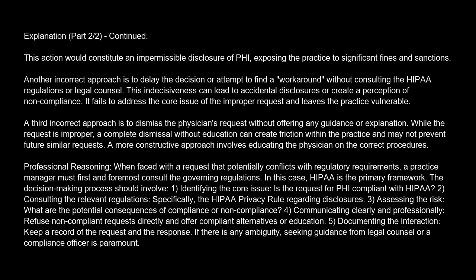This action would constitute an impermissible disclosure of PHI, exposing the practice to significant fines and sanctions. Another incorrect approach is to delay the decision or attempt to find a workaround without consulting the HIPAA regulations or legal counsel. This indecisiveness can lead to accidental disclosures or create a perception of noncompliance. It fails to address the core issue of the improper request and leaves the practice vulnerable.